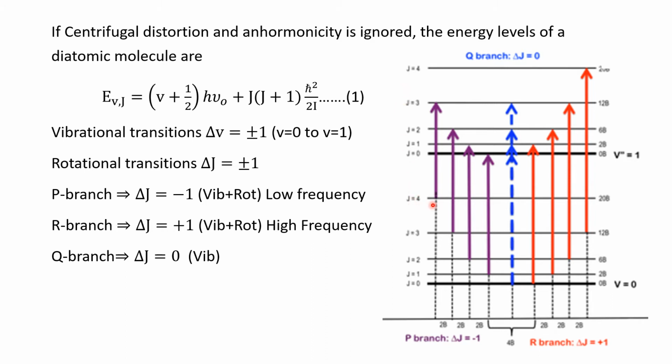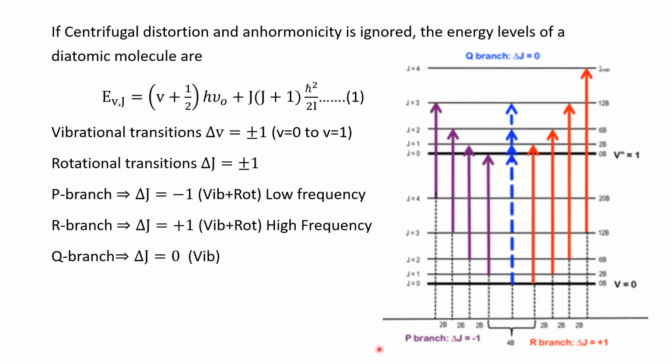So this transition from j = 4 to j = 3 is allowed, because here Δj = -1, and this is also allowed on the basis of the selection rule of vibrational transition, because all these energy levels correspond to the v = 0 state, and all these energy levels correspond to the v = 1 state. Similarly, the transitions from 3 to 2, from 2 to 1, and from 1 to 0 are allowed. For all these transitions, we have Δj = -1, and this is the vibrational-rotational spectra, and this branch is a low frequency branch.